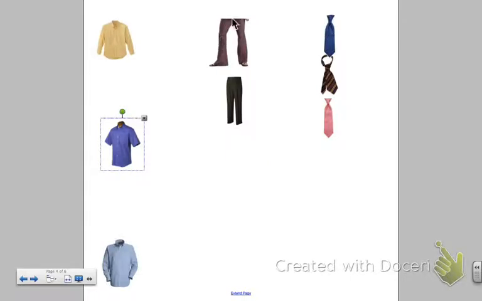Here's another little silly example. If I were wearing these ugly pants, I have these 3 shirts, 2 pairs of pants, 3 ties. How many different outfits could I have, regardless of any kind of fashion sense?